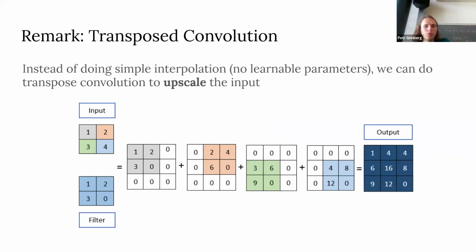Yeah, and transposed convolution, I guess Federico will talk about this on Thursday, but the idea is that we want to upscale our input, so we have a small input, and maybe we want to get something which is larger.